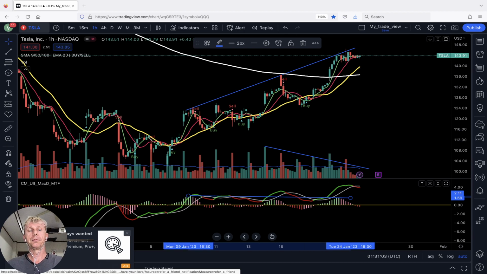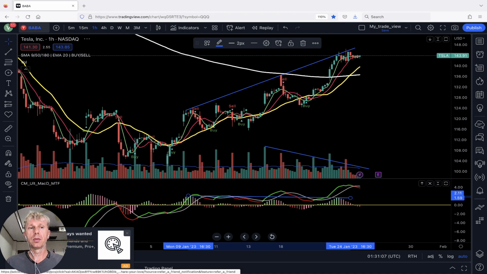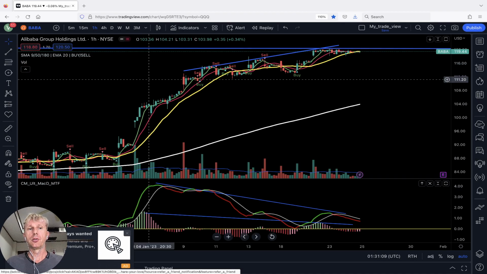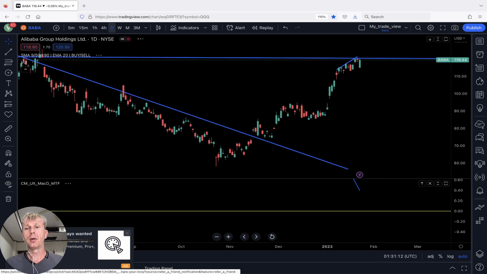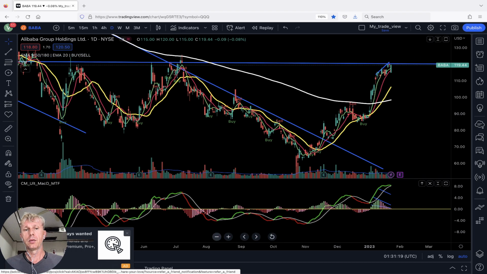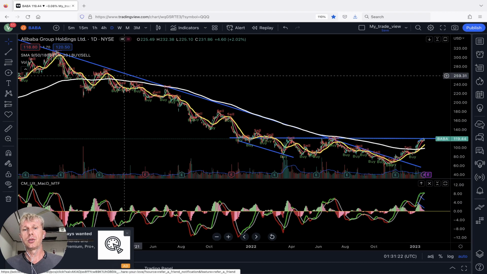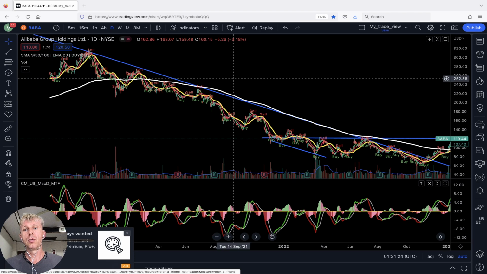Let's move to BABA, Alibaba Group. Let's check daily for BABA. Let me see what's going on here. You see, this is the major trend line for BABA, the blue one.